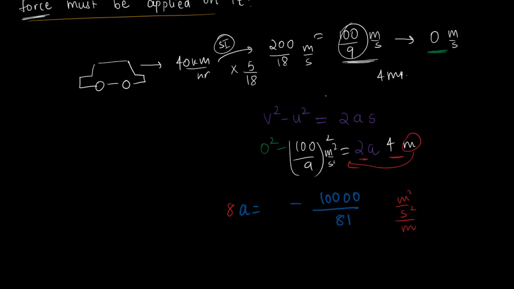So you will have meters per second squared. And from this, you can get that a is equal to negative of 10 to the power 4 divided by 81 times 8 meters per second squared. Now this negative signifies that the acceleration will be deceleration. It will be in a direction opposite to the motion of this car.